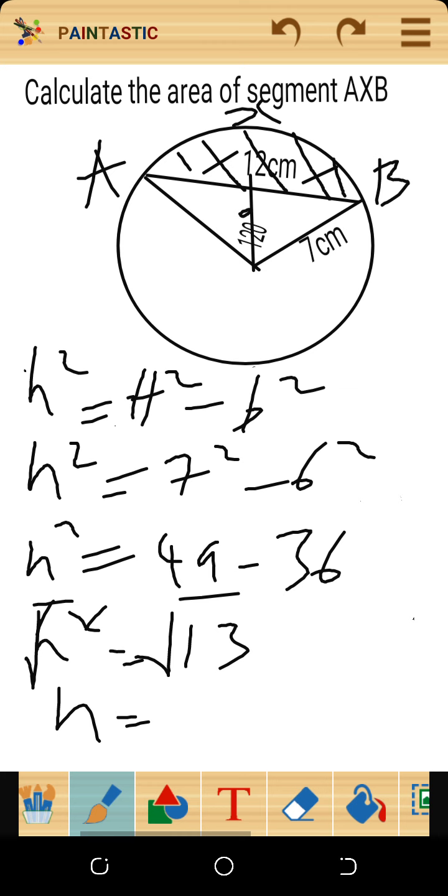The square root of h squared is h, and the square root of 13 is 3.6. So now I can calculate the area of the triangle.